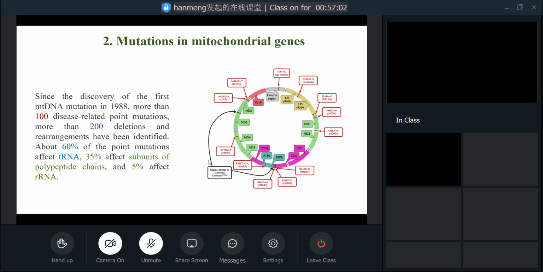Among them, about 60% of point mutations affect transfer RNA, 35% affect subunits of the polypeptide chain, and only 5% affect the ribosome RNA.